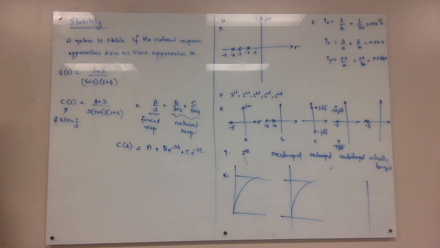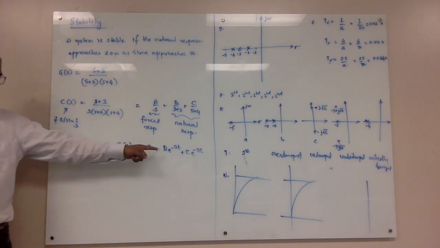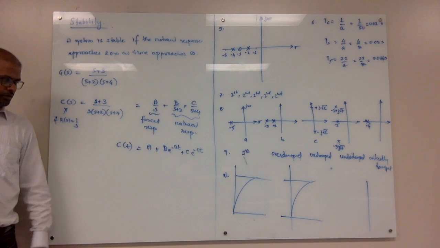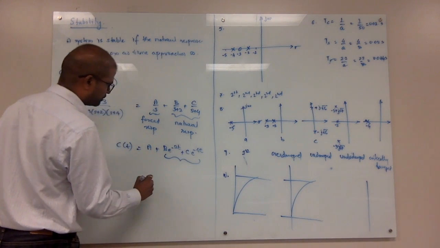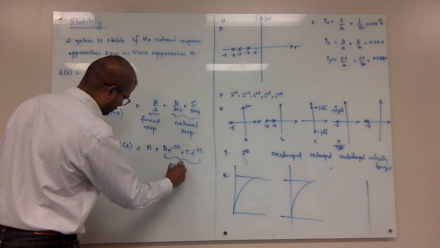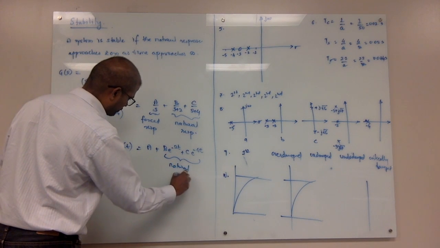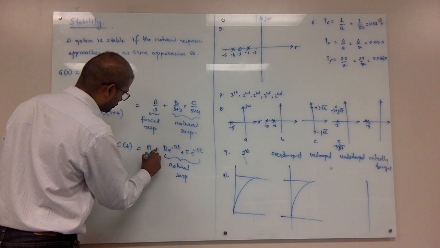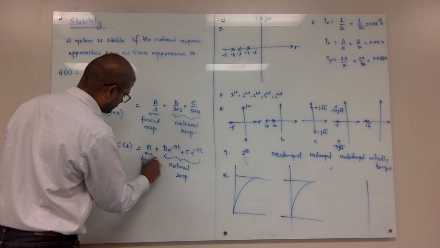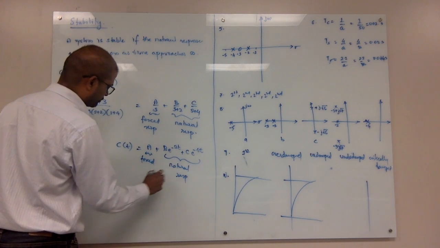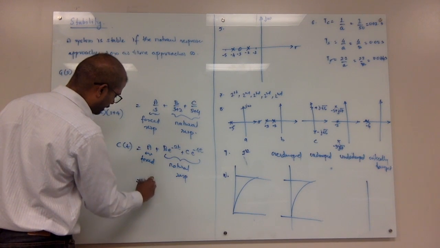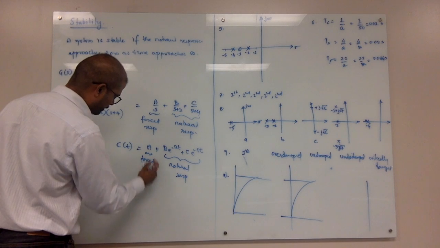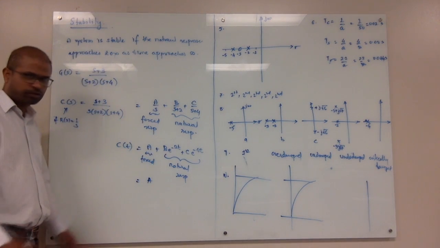When time goes to infinity, the natural response approaches zero. The forced response is A, a constant. This will not change. There is no t variable here.